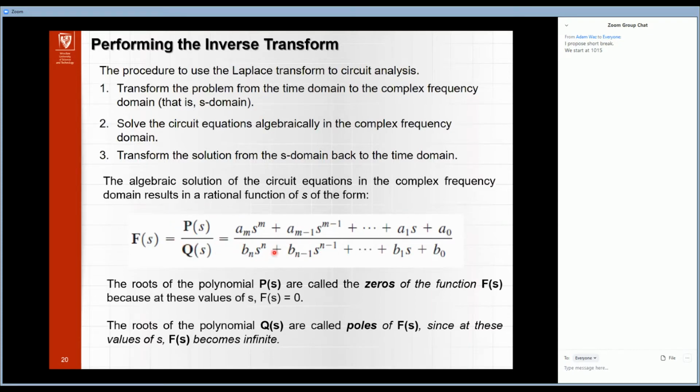Roots of this polynomial P(s) are called zeros, and we have here also Q(s), and the roots of the polynomial Q(s) are called poles, since at this value of s, the function F(s) becomes infinite. So it is important that we know about this: what are the zeros and poles of the function F(s)?